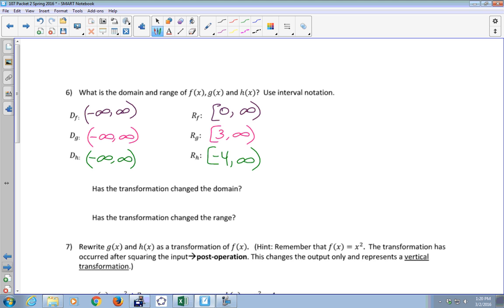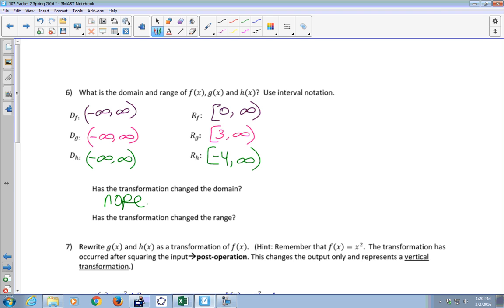Did the transformation that we do change the domains at all? No, the domains are all negative infinity to infinity, right? So the fact that I had x squared plus 3, and x squared minus 4, they all had the same domain, so no changes, right? But look at the ranges.